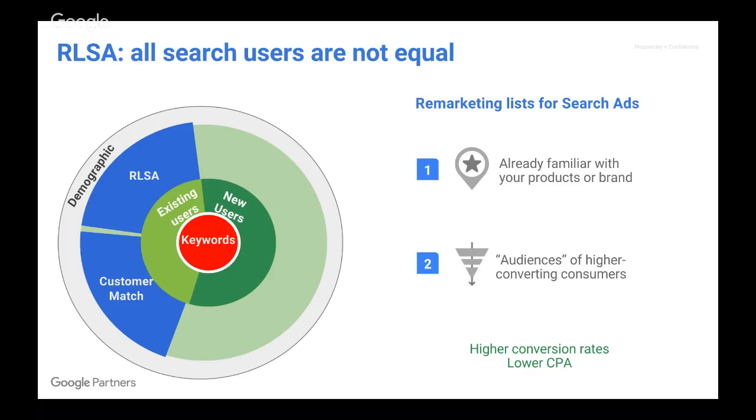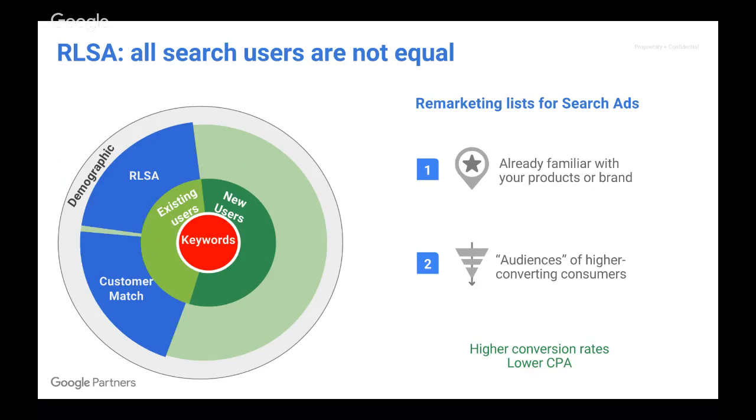Demographics will increase, as Catherine will explain at the end of this session, or decrease your bids according to whether a user is male or female or in a given age range. RLSA is really useful to automatically raise bids according to your preferences, if you're using manual bidding, when a user typing one of your keywords is a returning user.